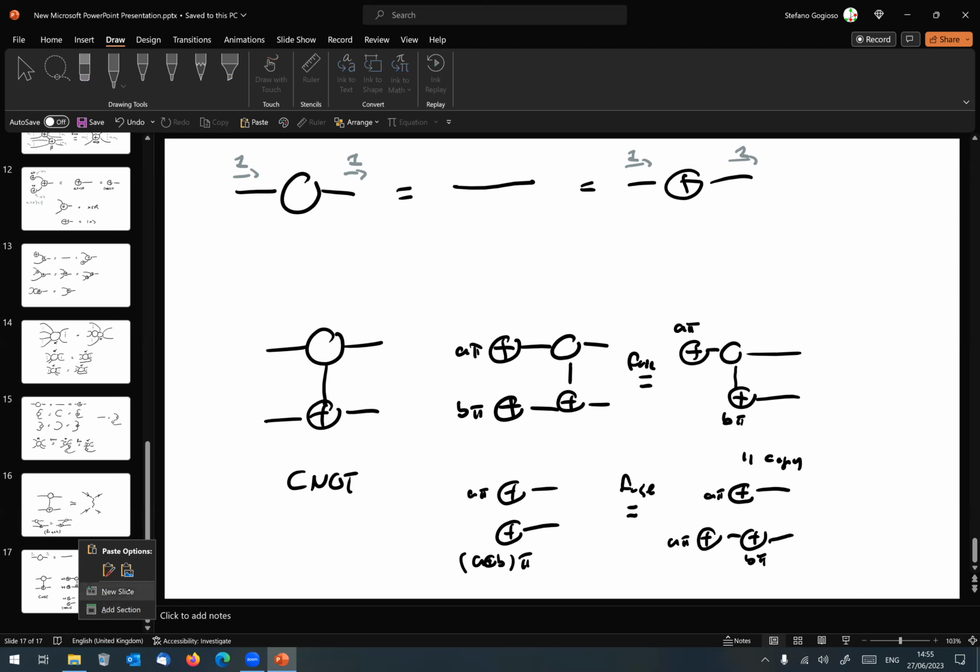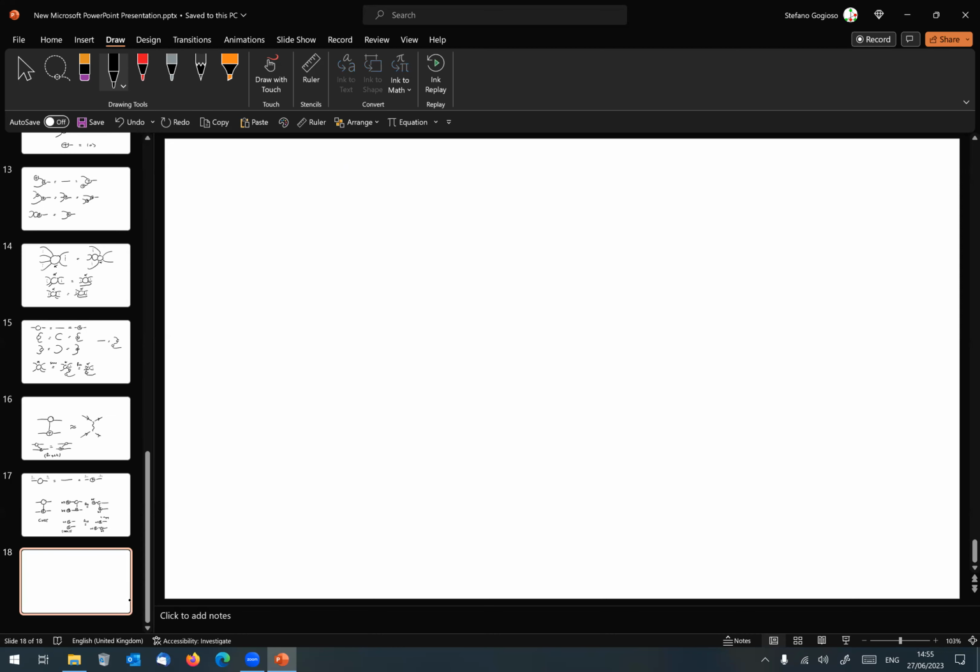And now for the same, I want to prove that if I start in a quantum circuit that has 1 qubit in the plus state and 1 qubit in the 0 state, and I apply a CNOT to these two states, what happens?